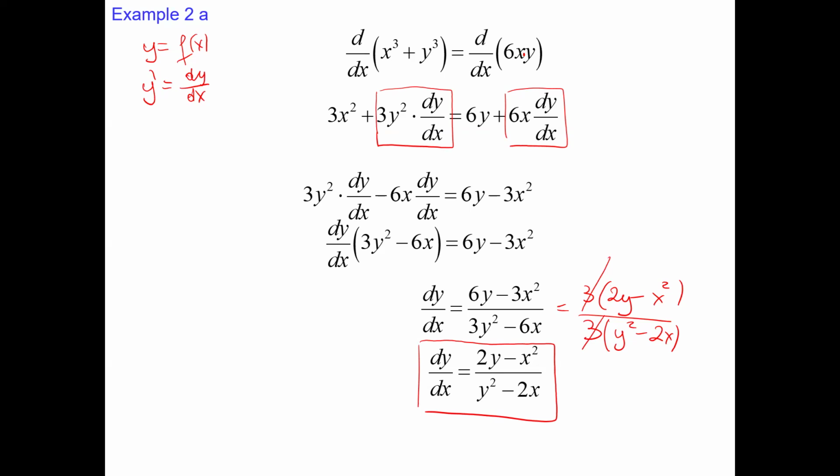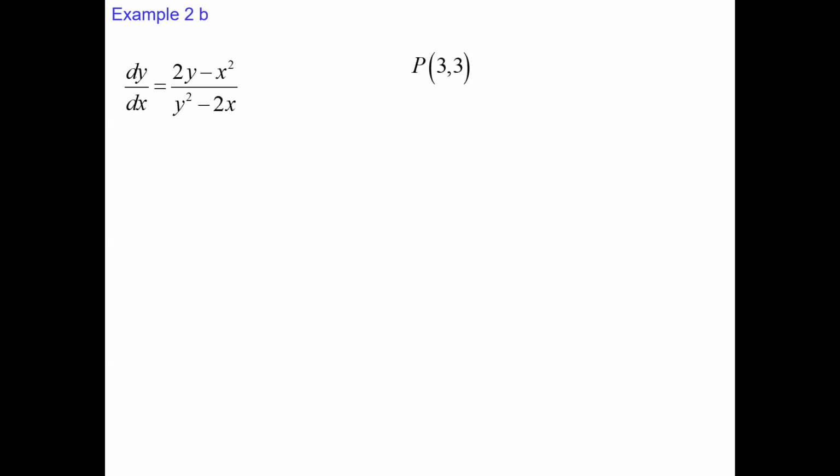Part A is done. Part B is asking for a tangent line at the point (3, 3). I will start with the point-slope form, with the point (3, 3) and the slope being the derivative.